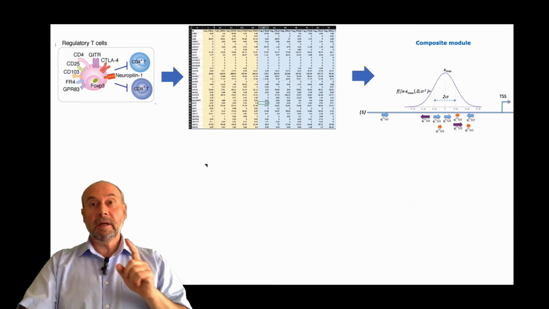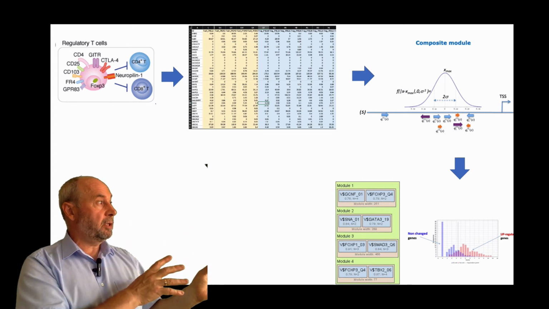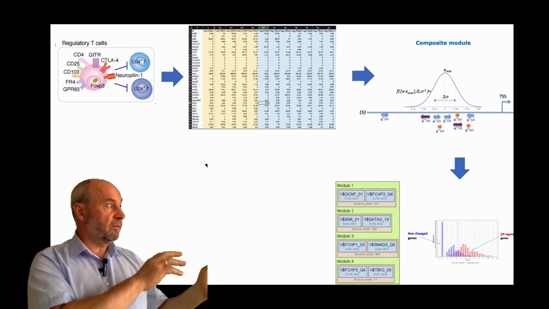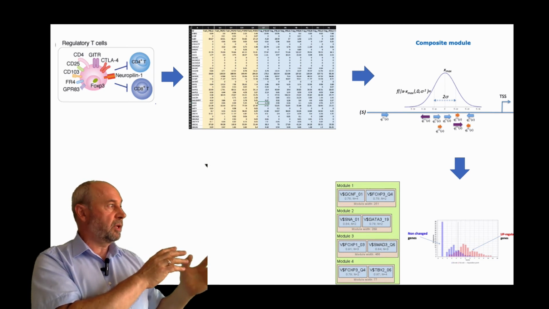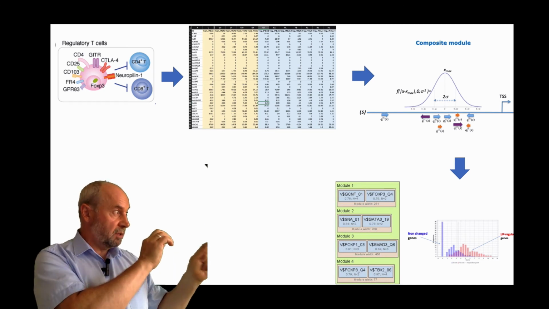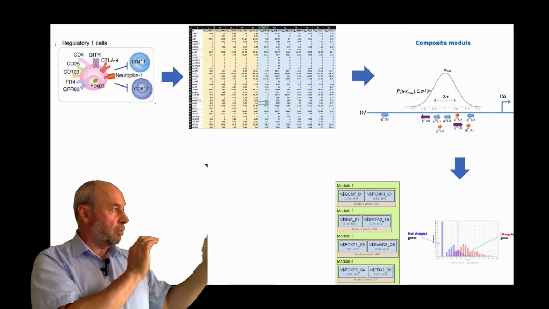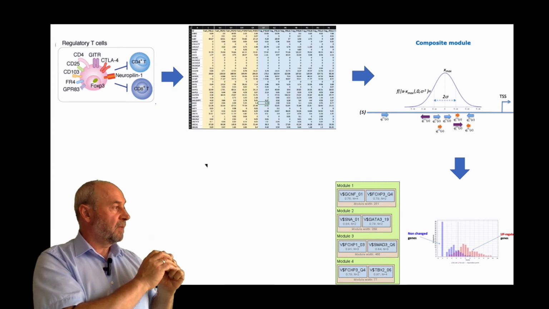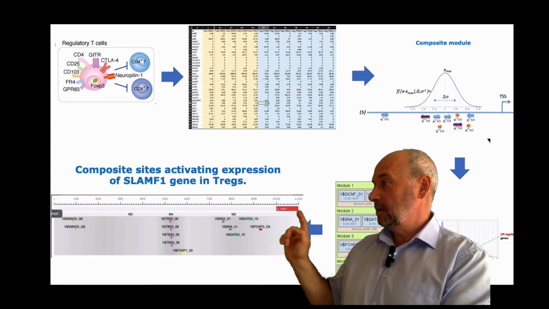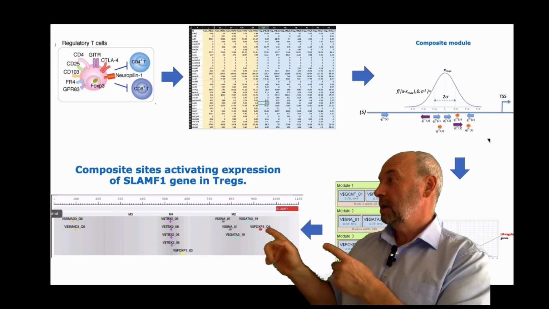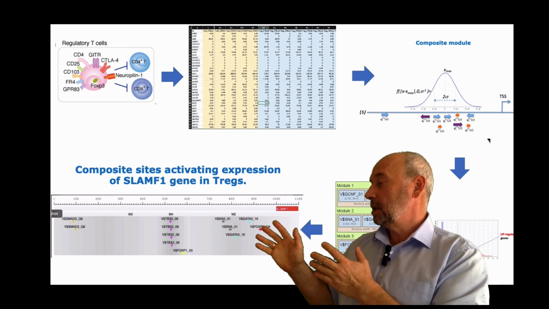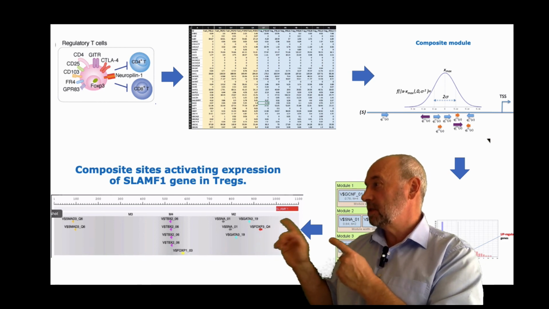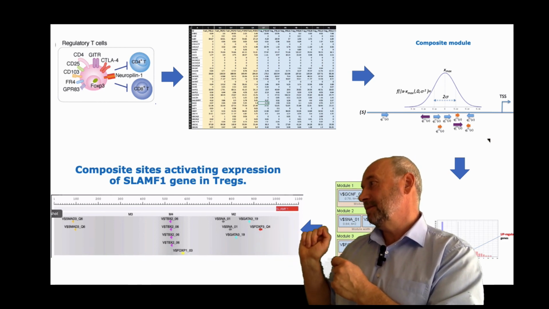As a result, we created a model which consists of pairs of sites, including FOXP3, GATA3, snail, and other factors which discriminate upregulated promoters and non-changed genes. And at the end, we applied this model to this one gene and many genes, and saw what are the clusters of sites which drive this gene expression in Tregs.